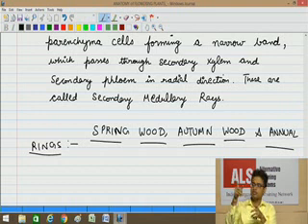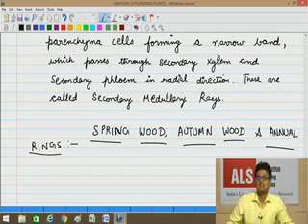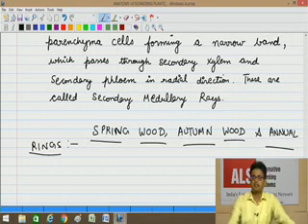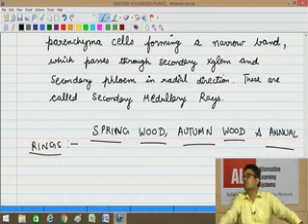The wood used in making the furniture of your classroom is probably Tectona grandis, or teak wood. I'm not very sure, but looking at the texture of the wooden table, I think it is teak wood. Some people are using plywood, I think.